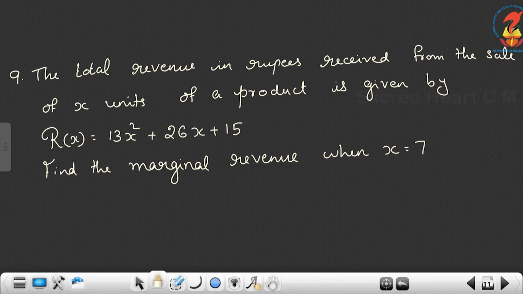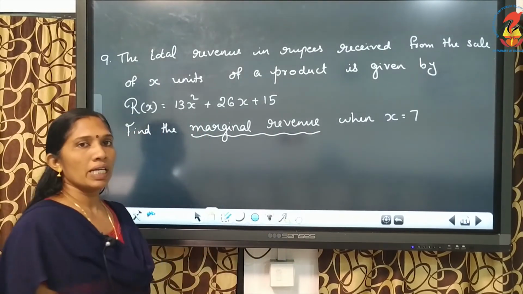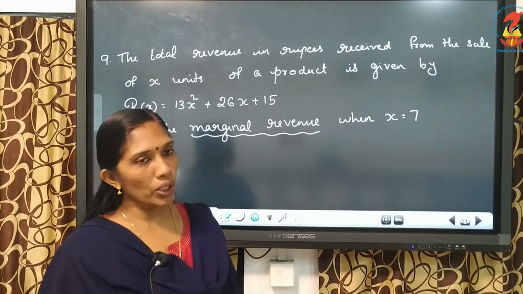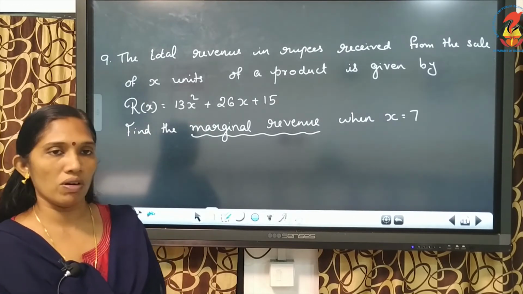Now the next one is also related to economics. Total revenue in rupees received from the sale of x units of a product is given by R of x is equal to 13x square plus 26x plus 15. Find the marginal revenue when x is 7. Marginal revenue means the rate of change of total revenue with respect to the number of units sold.